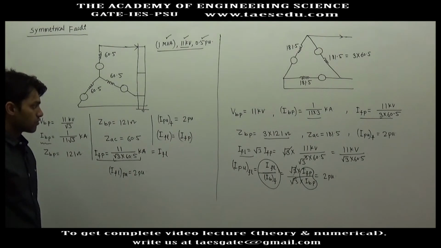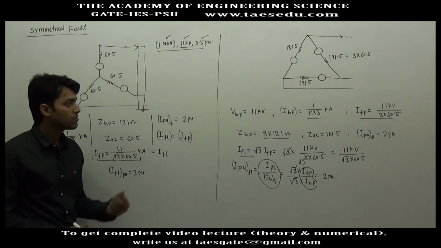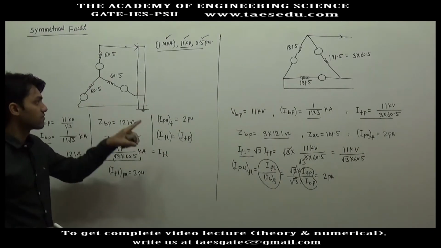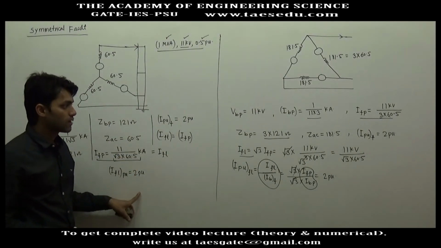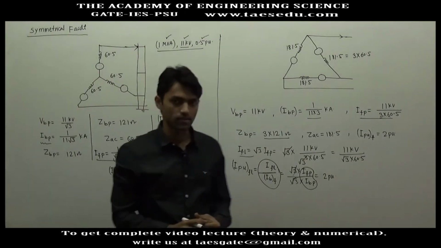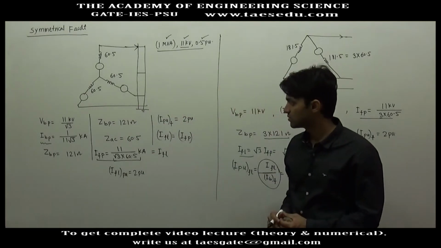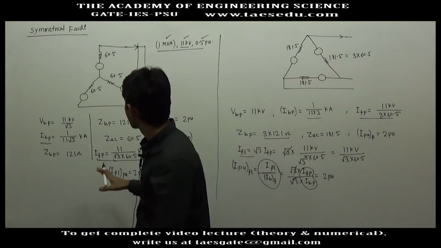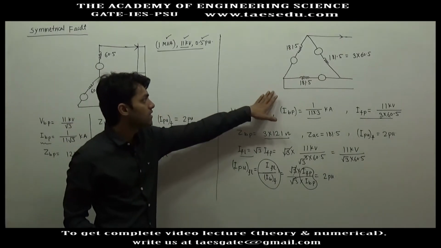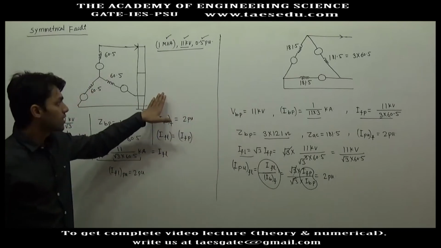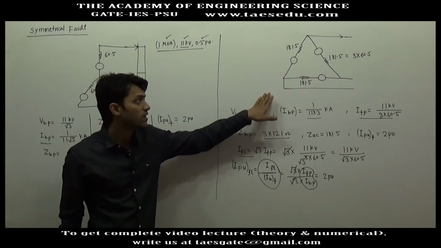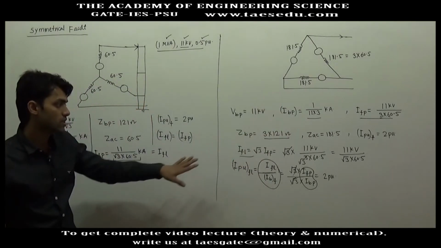So what we are observing here, the actual values of fault current in phases are different, and the fault currents in line are the same, but when it comes to PU, whether it is the phase fault current in case of a star, or the phase fault current in case of delta, or the fault current in line in a star, or in line of delta connection, all these values are 2 PU only.